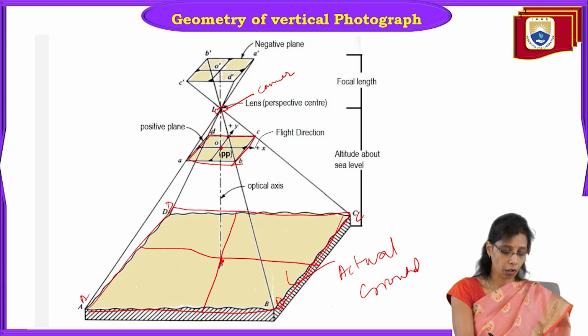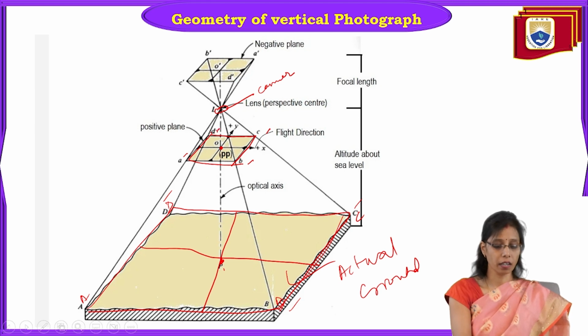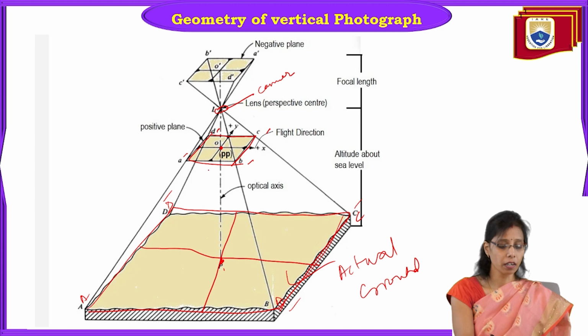Okay, so small pp, capital PP, right? Now the same thing you see, A, B, C, D. Here also you see A, small b, small c, small d. So this is the image captured by the camera, and the principal point in the photo is here, the principal point on the ground is here.